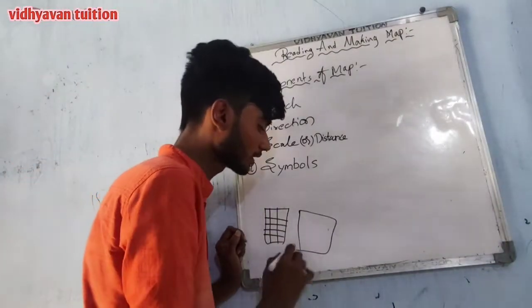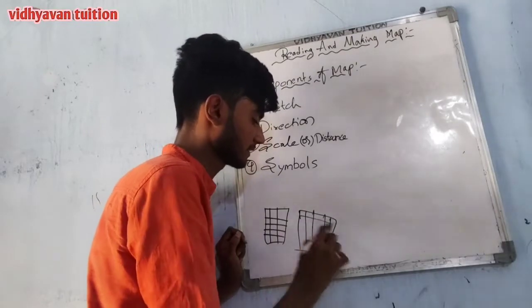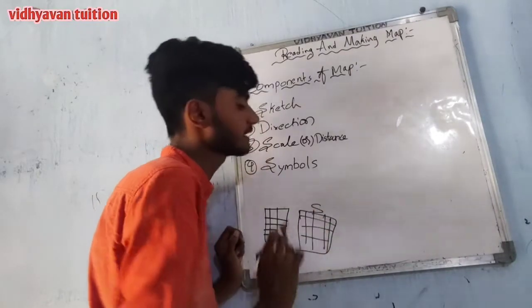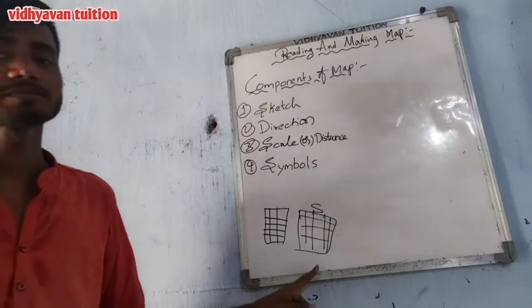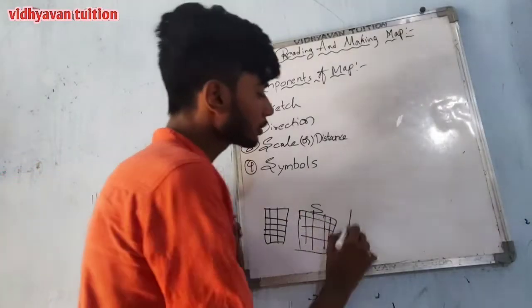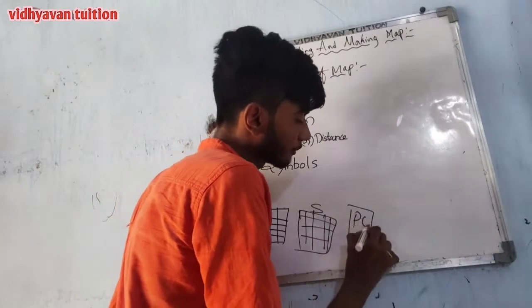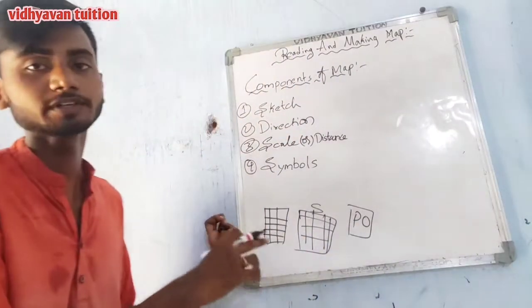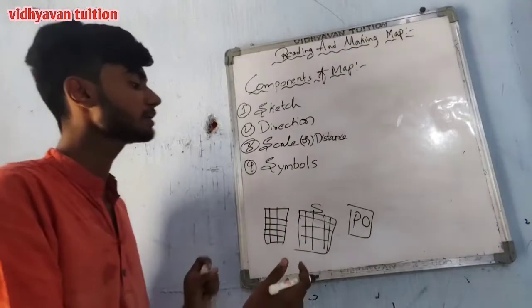Suppose I tell you to draw this school, you draw a box and mention it, and I have to assume it is the school. If I tell you to draw the post office, you draw a box and show PO.